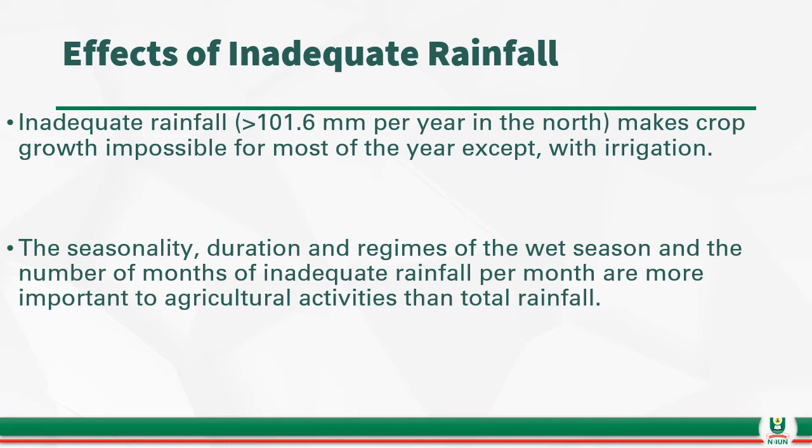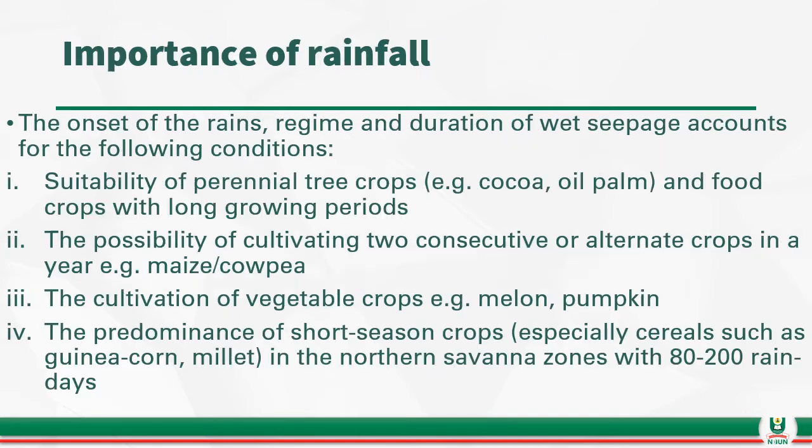So the seasonality, duration, and regime of the wet season and the number of months of inadequate rainfall also play an important part in agricultural activities. It's important to note that.